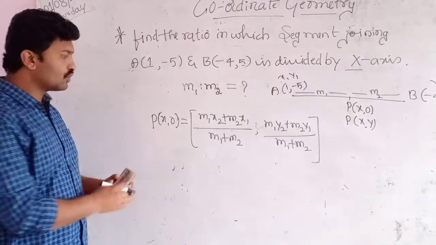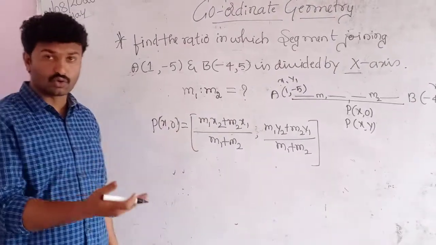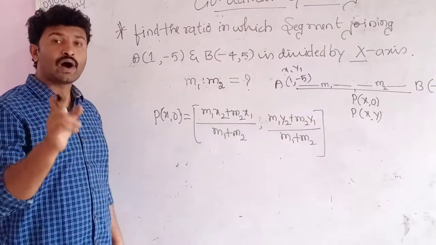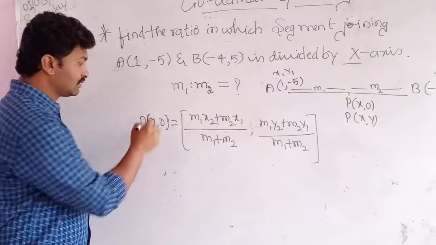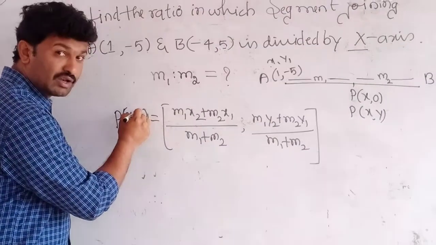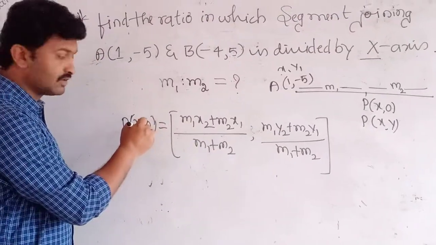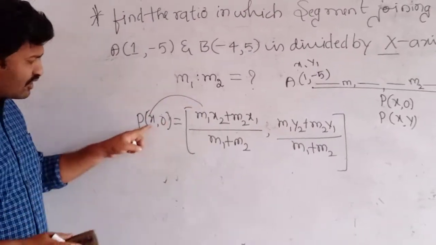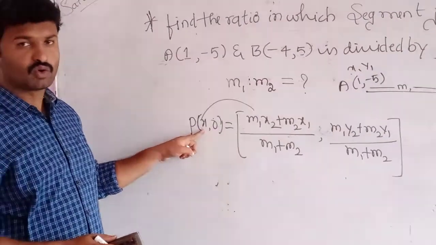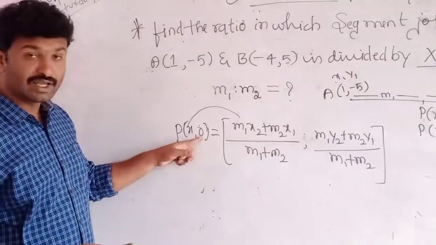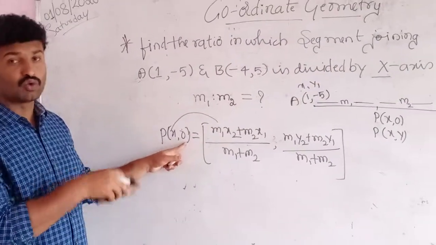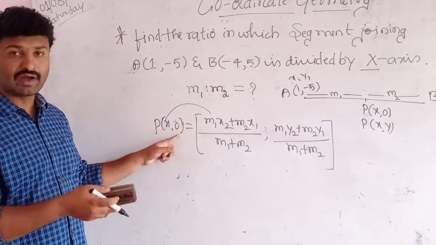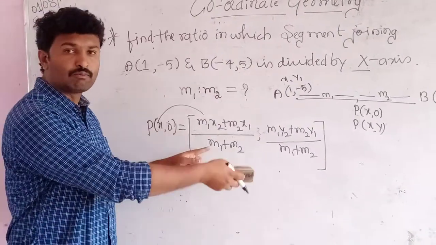To find the ratio, I will consider the y coordinate, because I know the value of y. If you consider the x coordinate, we don't know the value of x. In the y coordinate, we know the value of y is 0, so we can easily find m1 and m2.